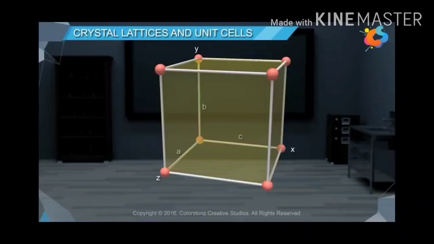Between B and C, we call it alpha. Between A and C, it is beta, and between A and B, it is gamma. You can change this A, B, and C as you wish, but this is how it looks. So 3 edges and 3 angles. Check it carefully. You can draw it in your copy for a better understanding. Better you pause the video and draw it. That will be best.